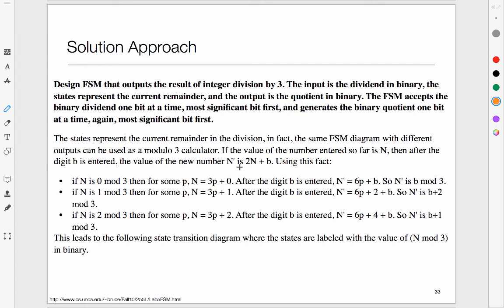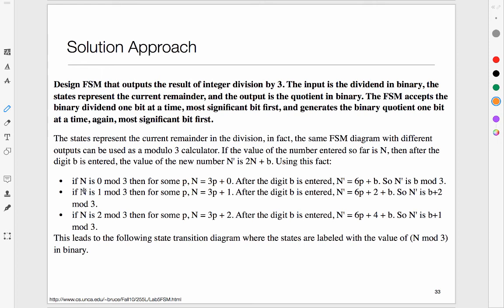So the new number that I have now, let's call it n prime, then that n prime is 2n plus b, because I previously received n, now I got one more bit. So that number conceptually now is shifted. So it's 2n plus b. So my new number is 2n plus b after I receive a bit b. Agreed? Okay. Now let's think of various cases.